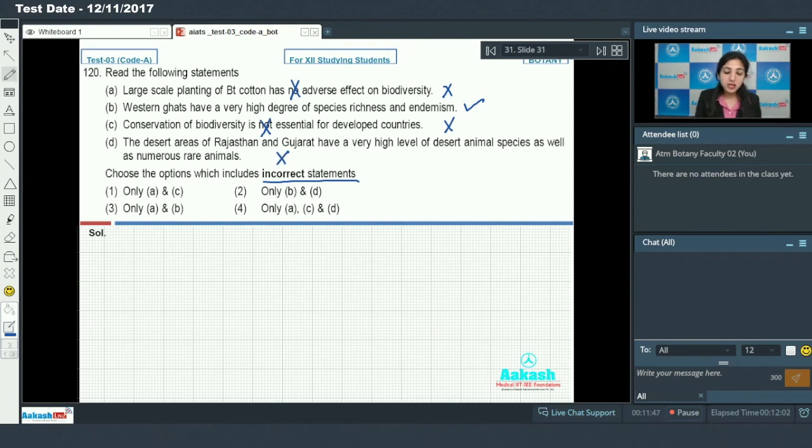No. Desert areas do not have high level of animal species. They have low level of desert animal species and rare animals. Okay, so out of these four, A, C and D are incorrect. So the answer to this question is option number 4. Moving on to the next question, that is question number 121.